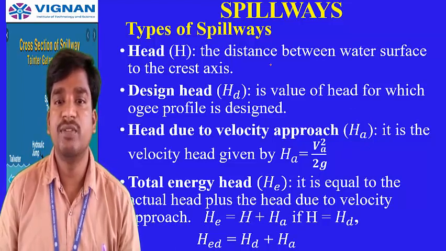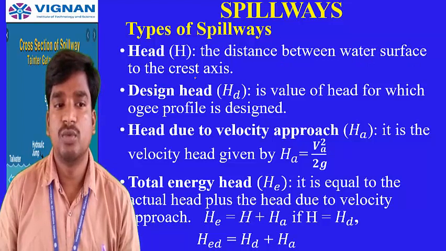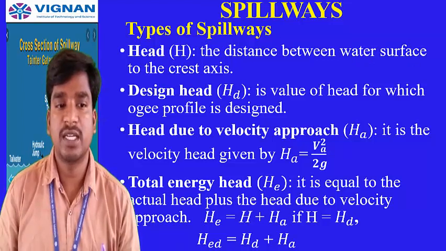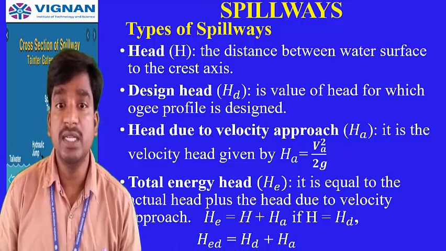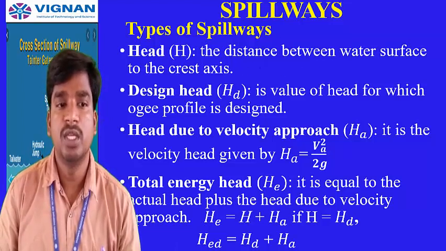Head is the distance between the water surface and the crest axis. Somewhere here the axis of the crest will be there. So the distance between the water surface and the crest axis is called head here.